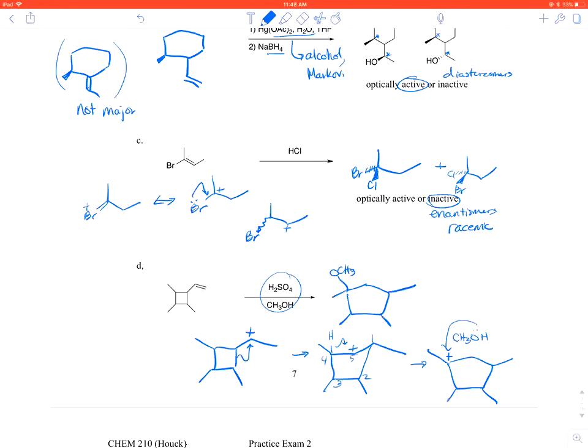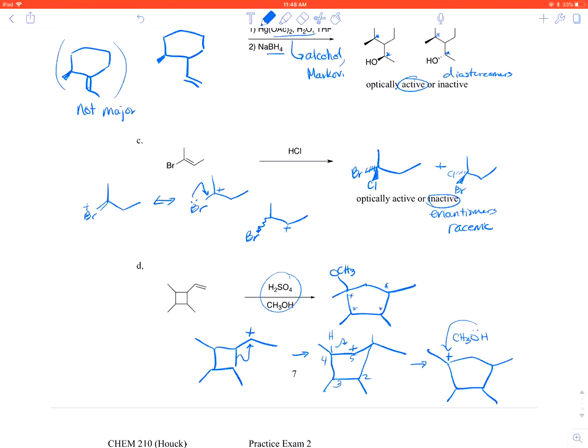I'm not showing stereochemistry because it would be a mixed center. I don't know anything about these other chiral centers, so I'm not going to pretend to draw out all of the 16 possible isomers for this.